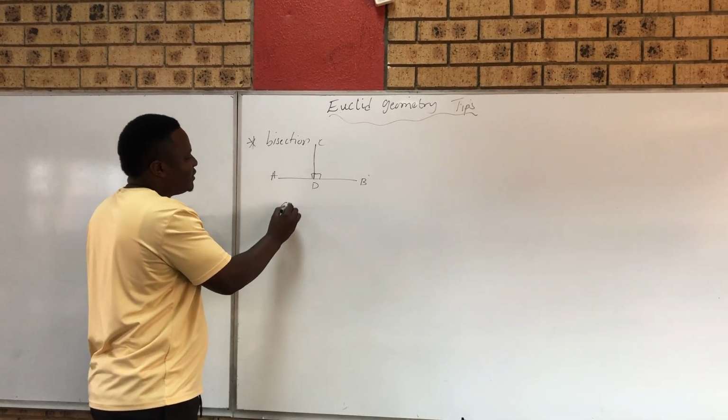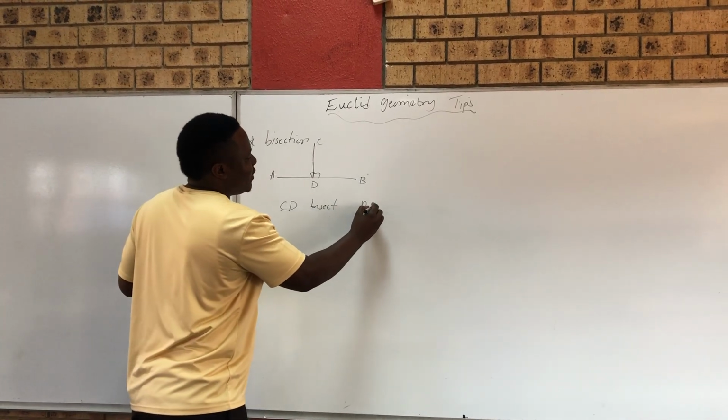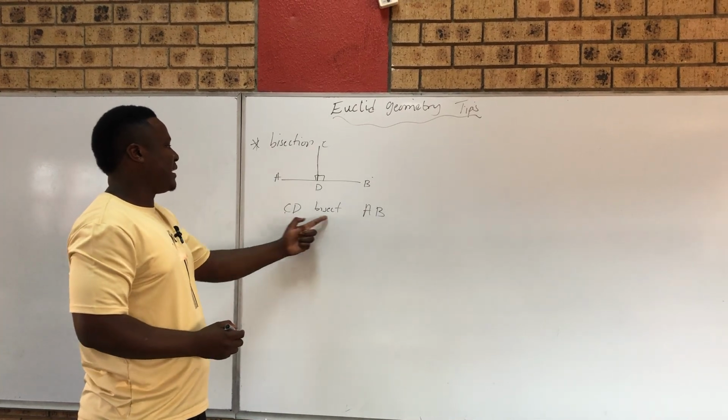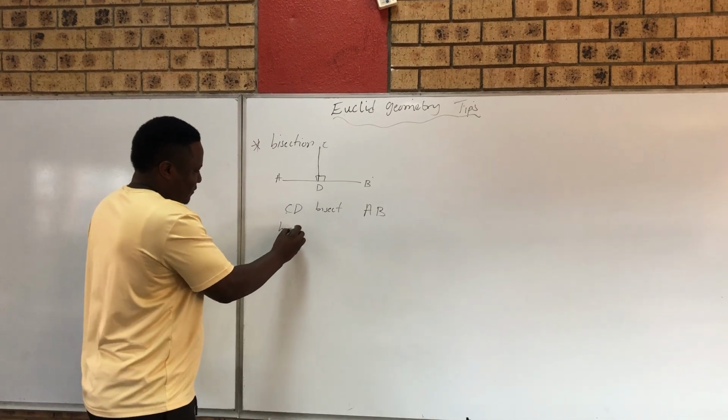If they say prove that CD bisects AB, this is how to prove this.